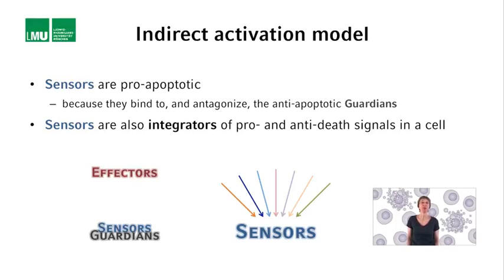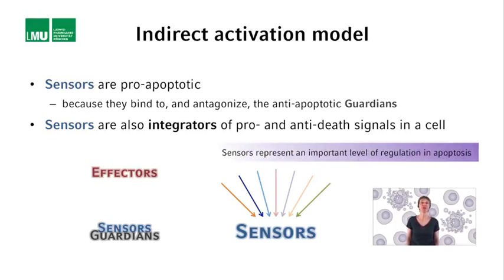The regulatory pathways that specify whether a cell should die or not merge at the sensors and control their activities. The sensors therefore represent a very important level of regulation in apoptosis.